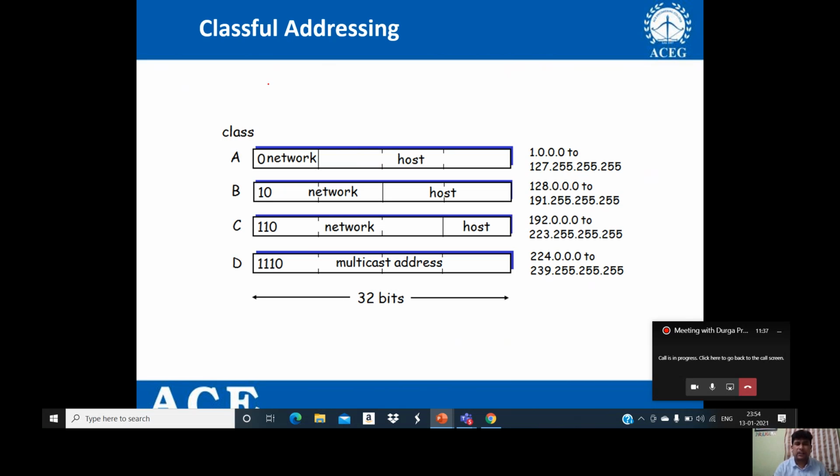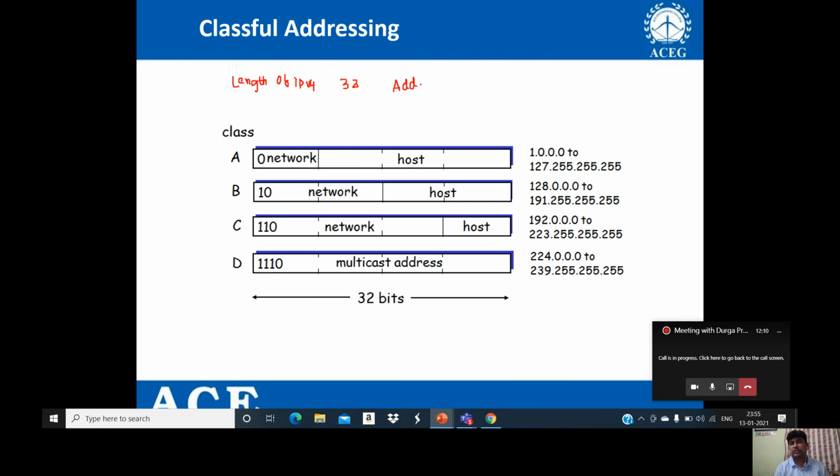We have learned in the beginning the length of an IPv4 address. Can someone tell me the answer? The length of an IPv4 address is 32 bits. So when the total length of an IPv4 address is 32 bits, the total number of possible addresses is called the address space.